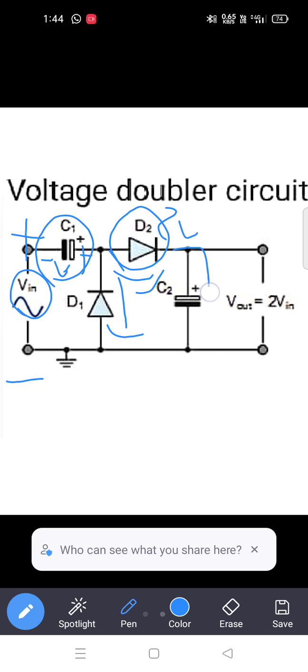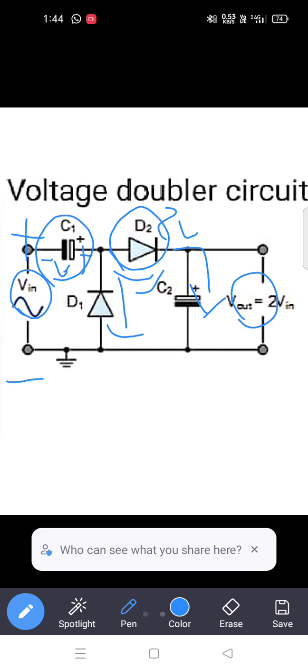That 2V will come across C2, and C2 will charge up to 2V max, that means twice the input V. So whatever load we keep across C2 will get twice the voltage.